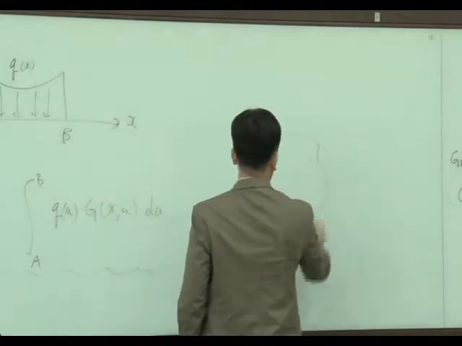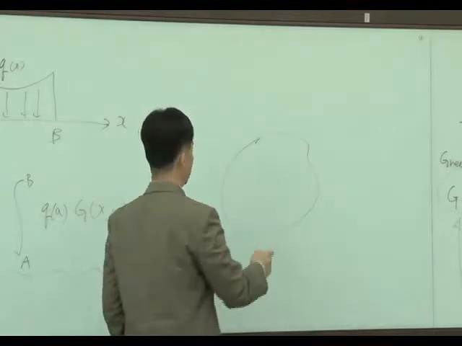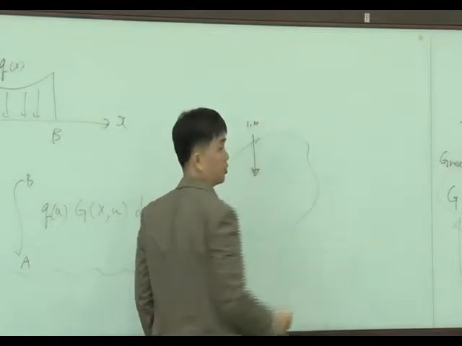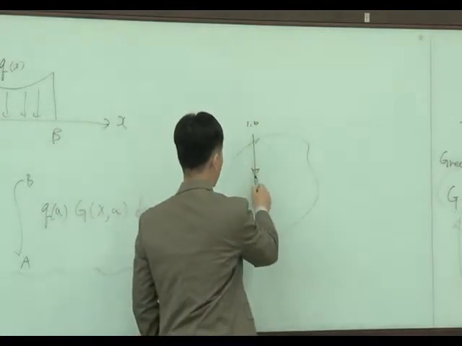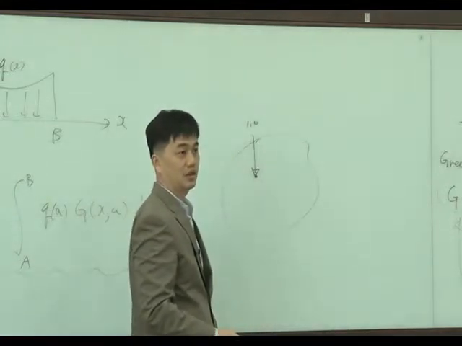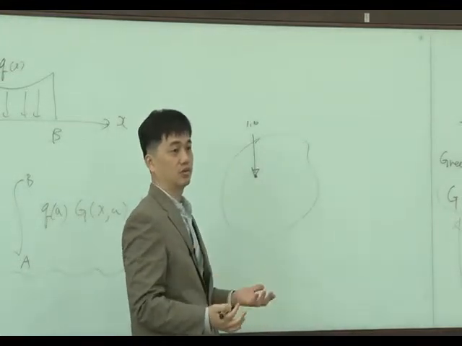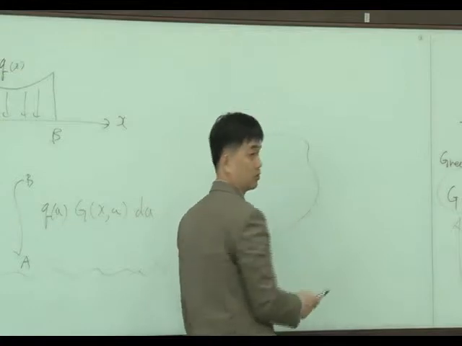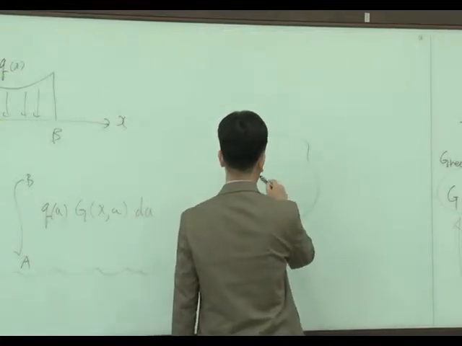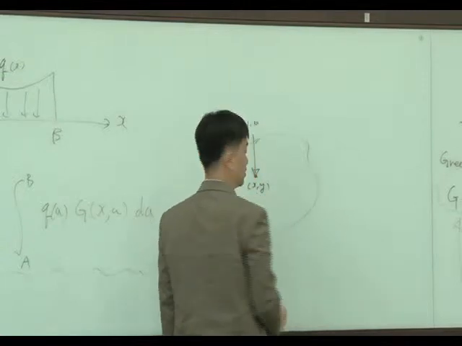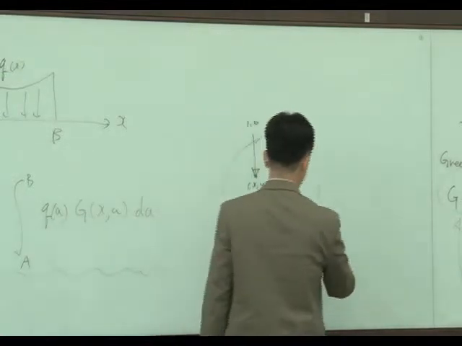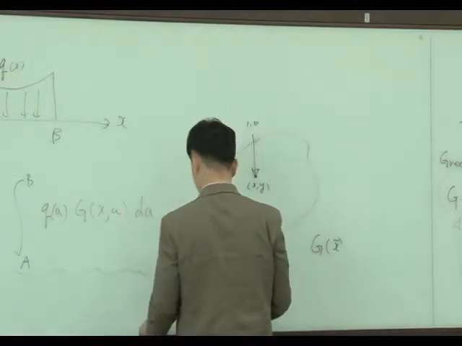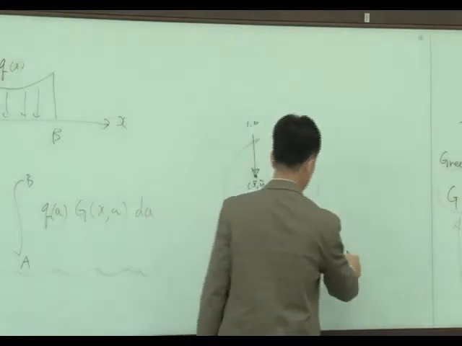So for example, let's say this is the domain. First we calculate the solution when a unit point load is applied here, and then we know the solution, right? And then we can use that solution. Let's say this is the x and y position. The solution is a function of x bar, y bar.